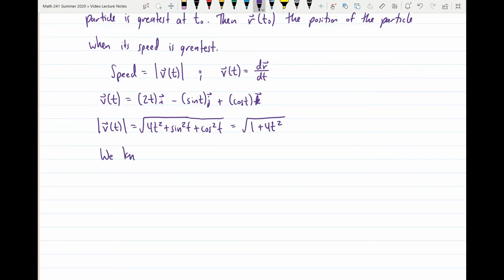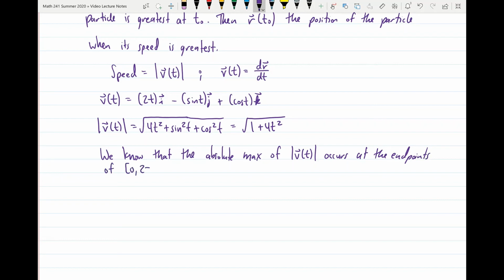So we know that the absolute maximum of the function giving us the speed of the particle occurs at the endpoints of the interval from 0 to 2 pi, or at a critical value.